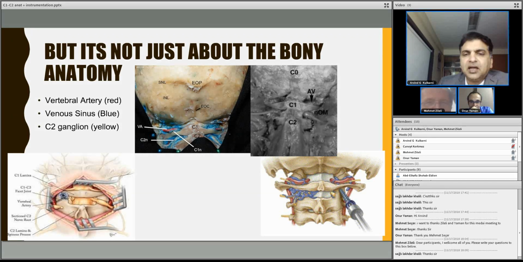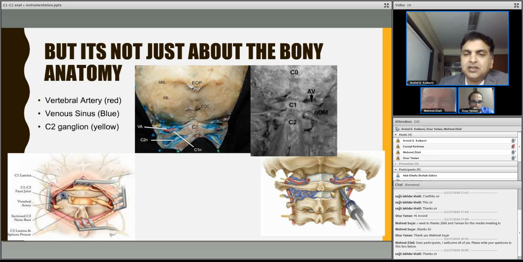So if it is a congenital anomaly for which you are treating, I would always advise everyone to do a CT angiogram and do a 3D reformatted image of the CT scans, because you tend to get anomalies. You can have a lot of anomalies associated with the vertebral artery, and inadvertently you can injure the vertebral artery when you are instrumenting this area. So two things.